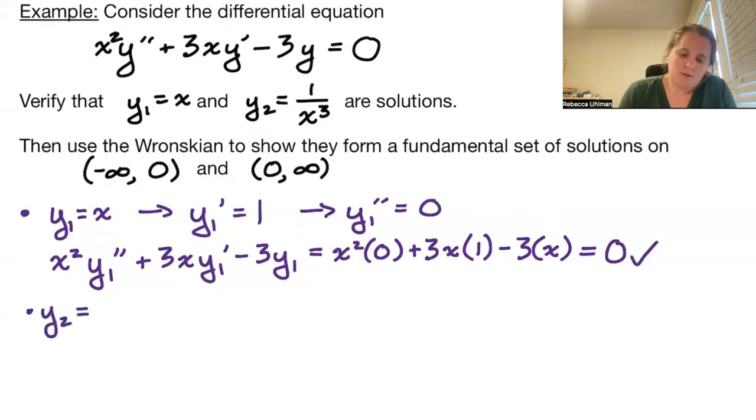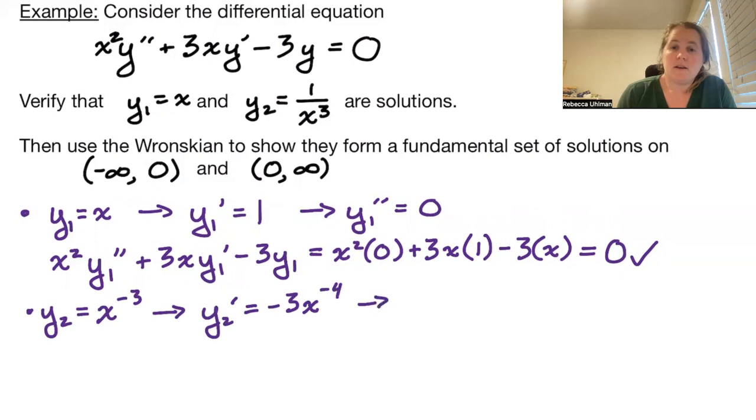Y2 is, I'm going to do this with negative exponents, x to the negative 3. That means y2 prime is negative 3x to the negative 4. And y2 double prime would therefore be 12x to the negative 5.